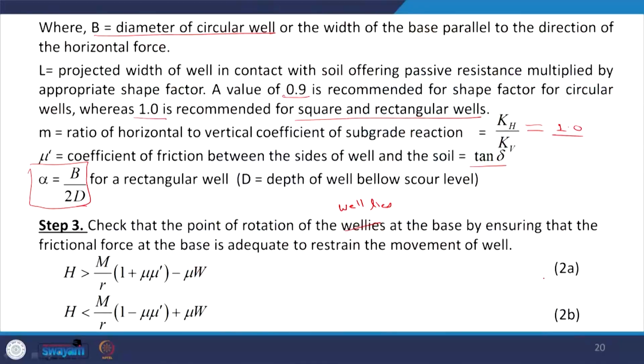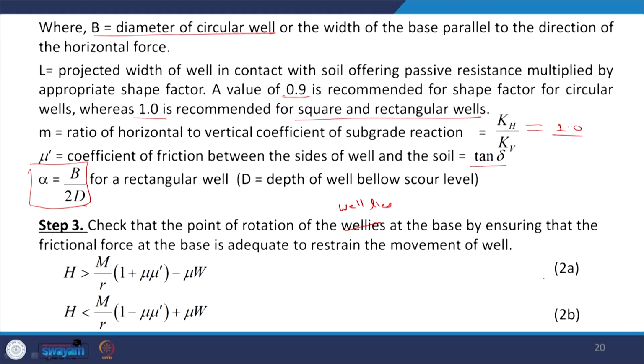Equation 2a will provide you the minimum value of H, and equation 2b will provide you the maximum value of H. So, with the help of equations 2a and 2b you can get the range of the value of H. Once that range is known, you check whether your H is within that limit or not. If it is not within that limit, naturally you need to revise the design.